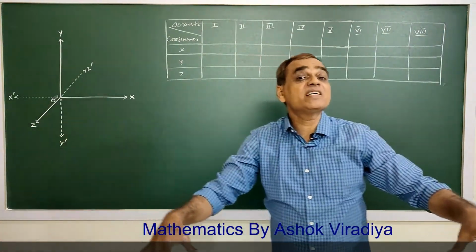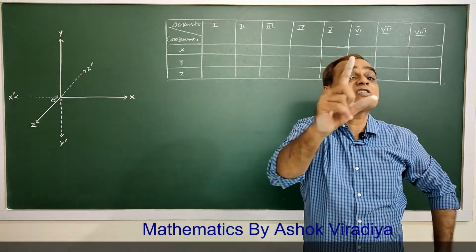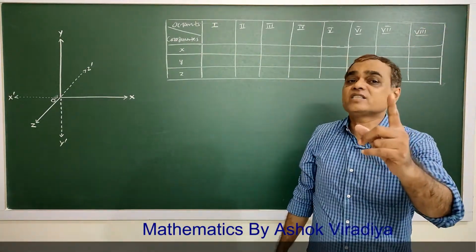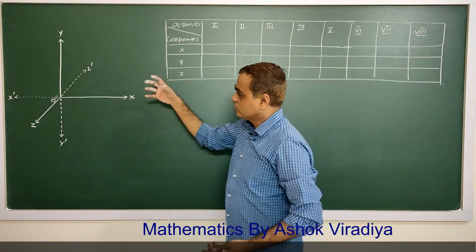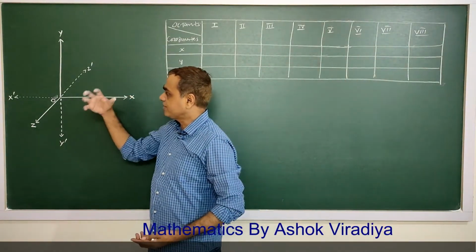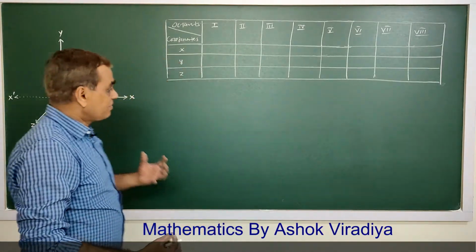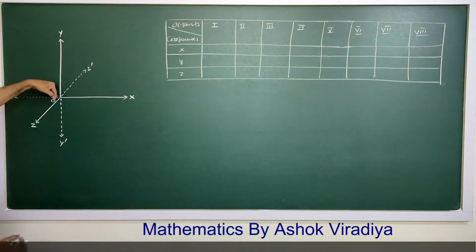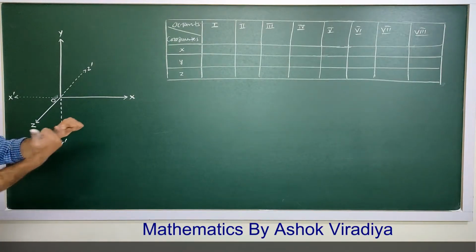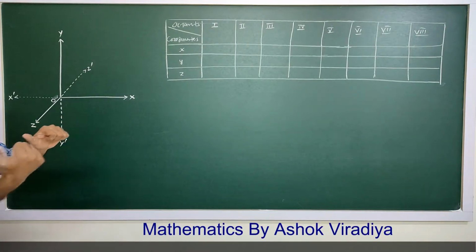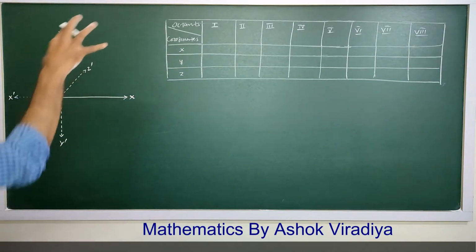So the room is divided in 8 parts. Each part is an octant. The room we are considering as a space. Now the front 4 rooms: this line, the positive Z axis, will be common in the front 4 rooms. See, 2 upper rooms and 2 lower rooms.